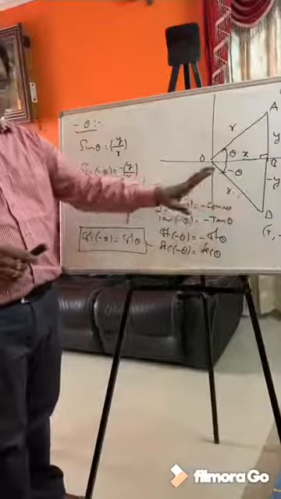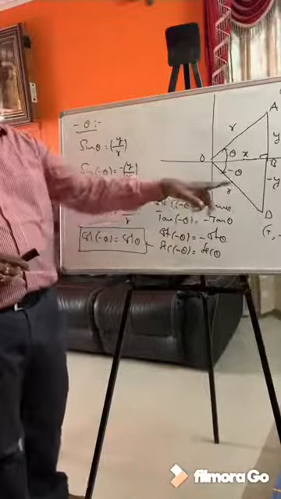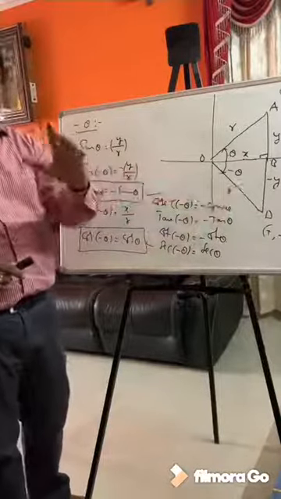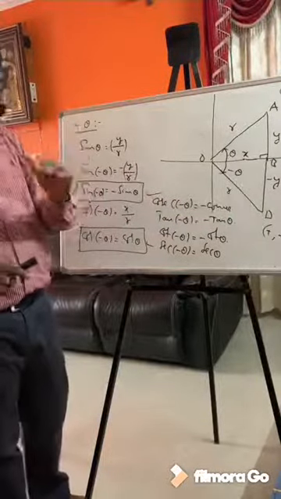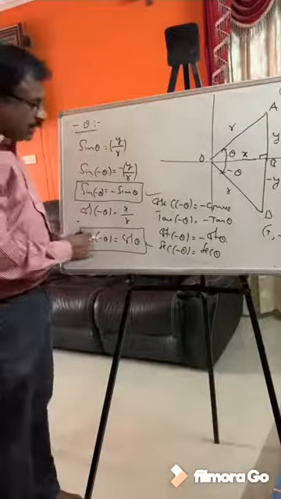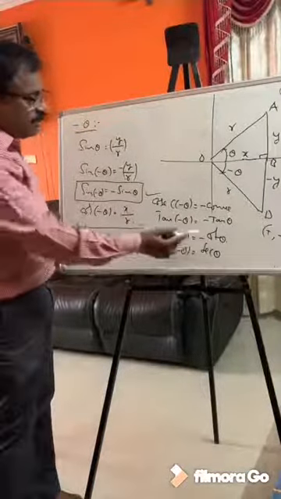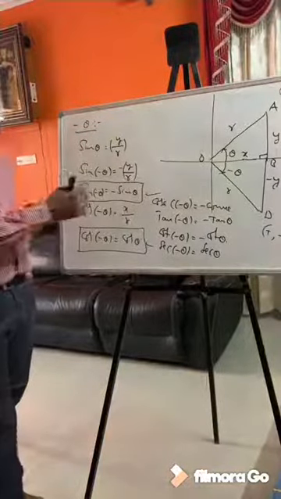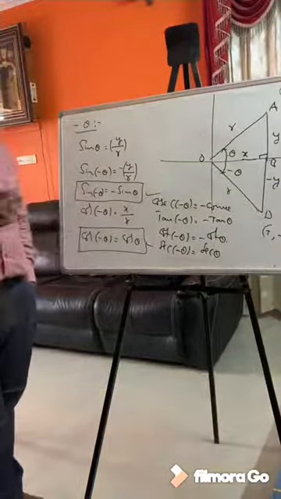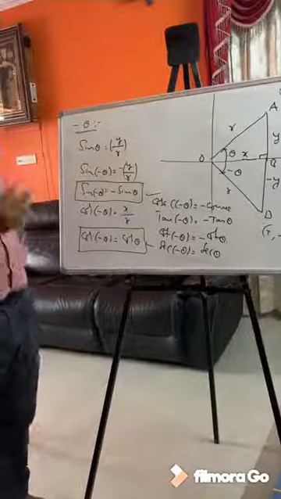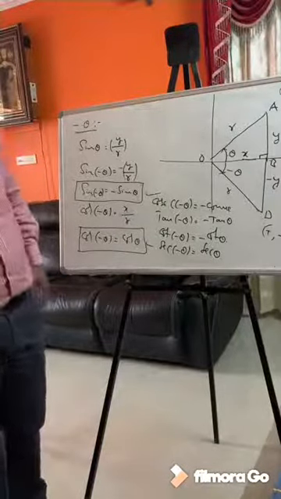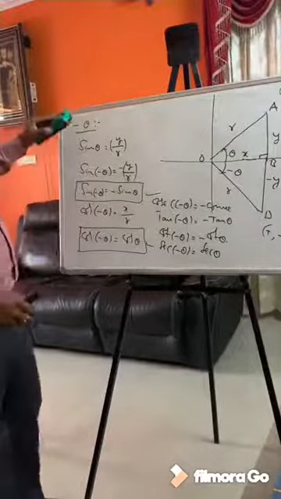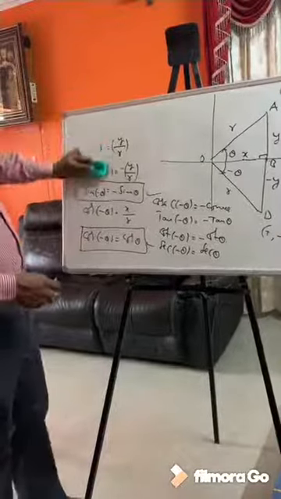In the fourth quadrant, according to the all silver teacups table, what are all positive? Cos and secant are positive. Remaining four are negative. That way also you can remember. No issue. But I am giving the proof for this so that you can understand permanently and have no confusion at all. Thank you.